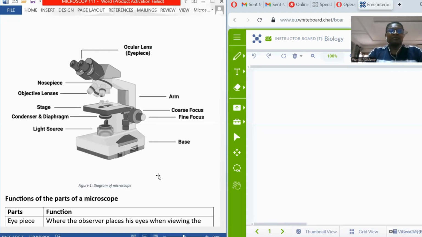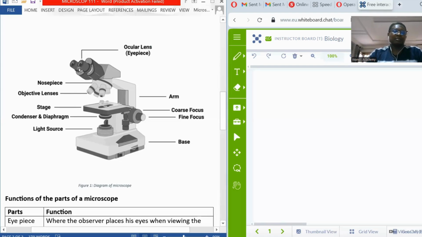Now, these are the component parts of a microscope. Both the simple and compound microscope have almost the same component parts. The difference is that the compound microscope or electron microscope uses electricity, while the simple microscope might not use light, like the hand lens, or it might use sunlight as a source to power or to view the images.